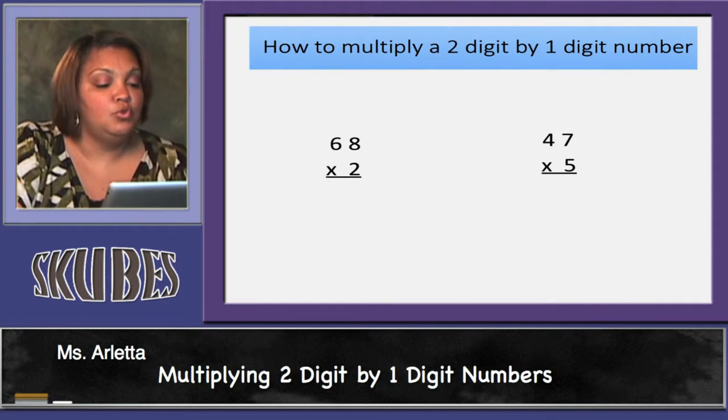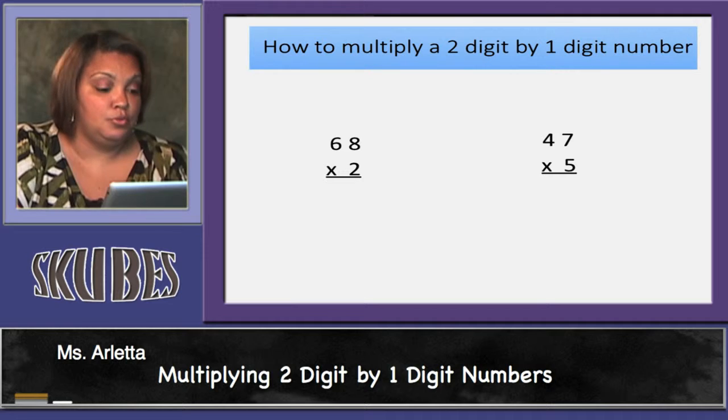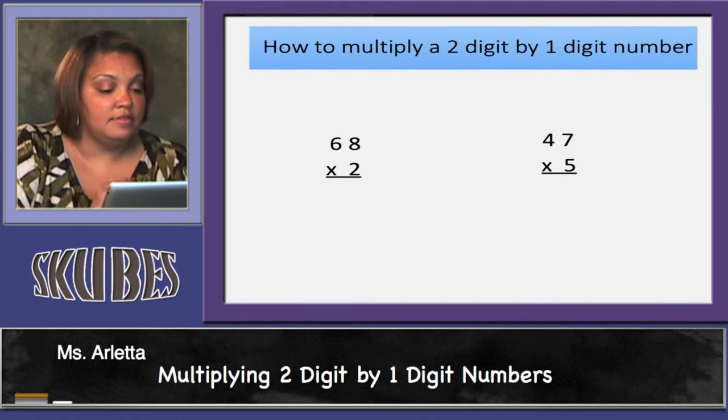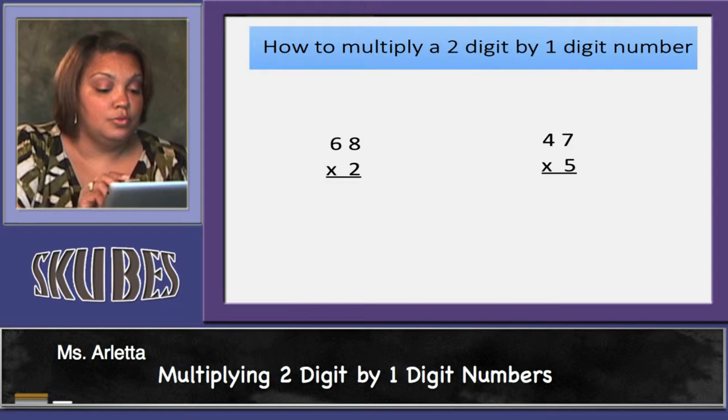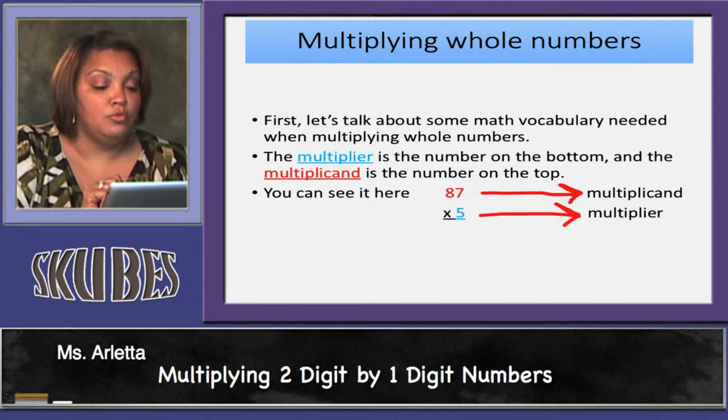Our first one is a two-digit number, 68, multiplying by a one-digit number, 2. The 68 would be your multiplicand, and the 2 will be your multiplier.